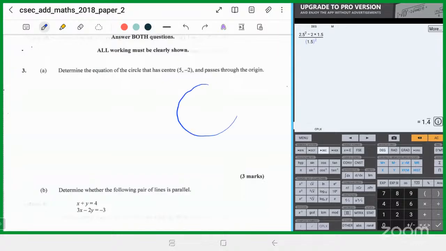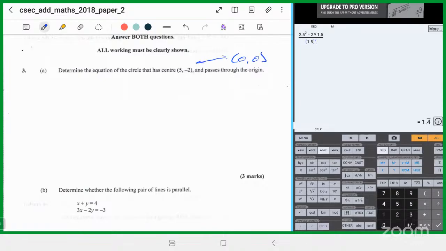So you have 5, -2 right here, and it passes through the origin here, so 0, 0. And this point is 5, -2. So the distance between these two is the radius. Once you know the radius, you can get the equation. Remember now, the equation would be, so the origin is 0, 0.